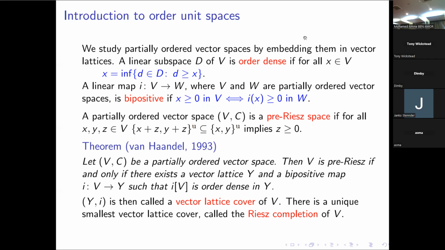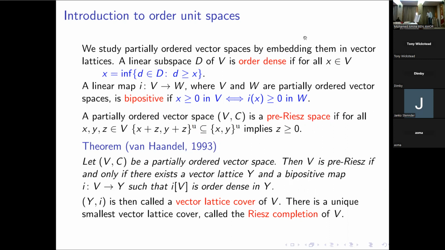This is the same definition that Anke already gave. Every element from the vector lattice should be the infimum, the greatest lower bound, of all elements from the subspace that are above it. Then we call the subspace order dense. By positivity of a linear map, for embeddings, something is positive in the original space when the image is positive in the other space.